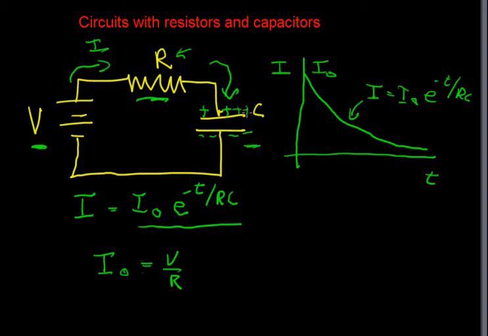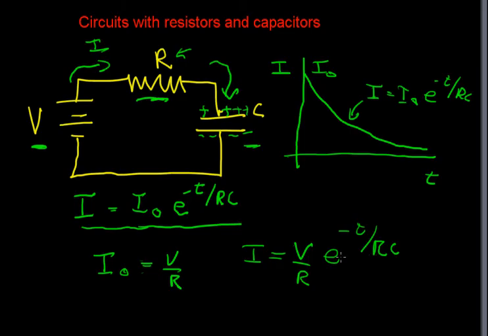But once the current starts building up, which is instantly, this equation then governs the current flow. And so if we wanted to, we could write I is equal to, instead of I naught, V over R e to the minus t over RC.